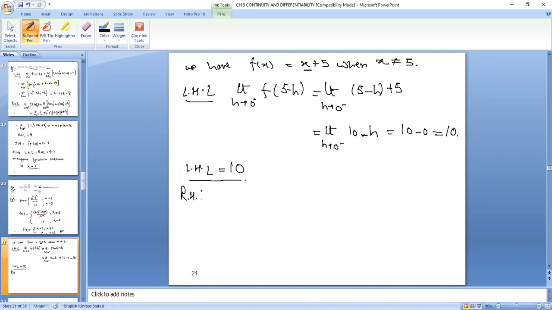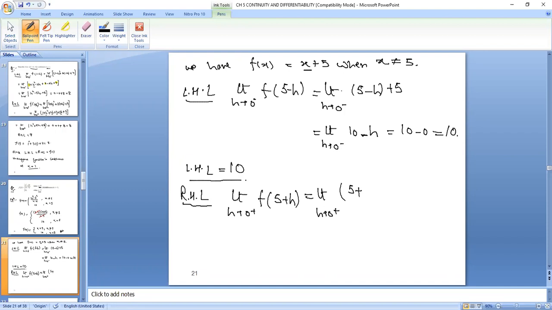Now the right hand limit. The right hand limit we will be calculating: limit h tending to 0 positive, f of the point 5, so it will be 5 plus h, equal to limit h tending to 0 positive, 5 plus h.